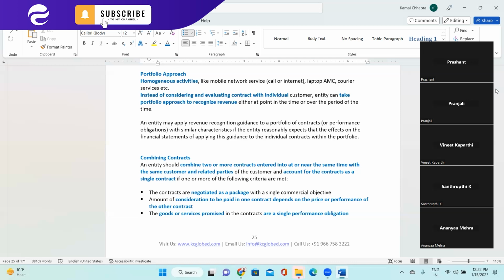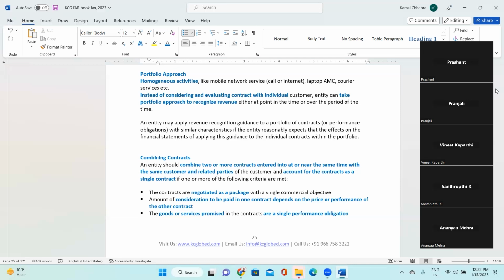So if you evaluate these three master contracts and everyone is paying according to these contracts only, then you are not required to evaluate each and every customer agreement. You can consider those agreements as a portfolio approach. So instead of evaluating the contract with each individual customer, an entity can take a portfolio approach to recognize the revenue either at a point in time or over a period of time.